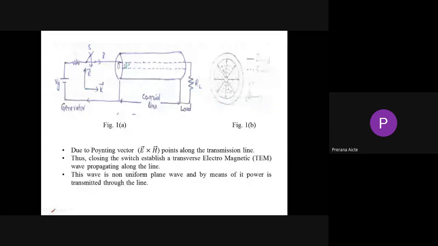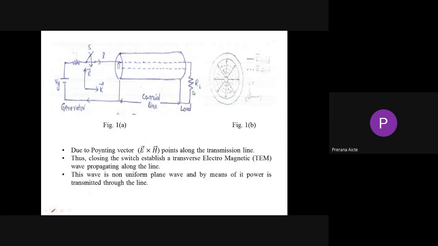Then an electric field is produced in this coaxial cable. Then the load R_L is connected at the secondary side.